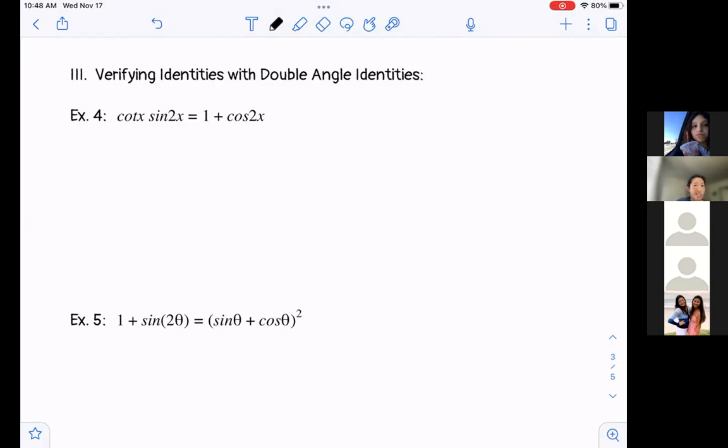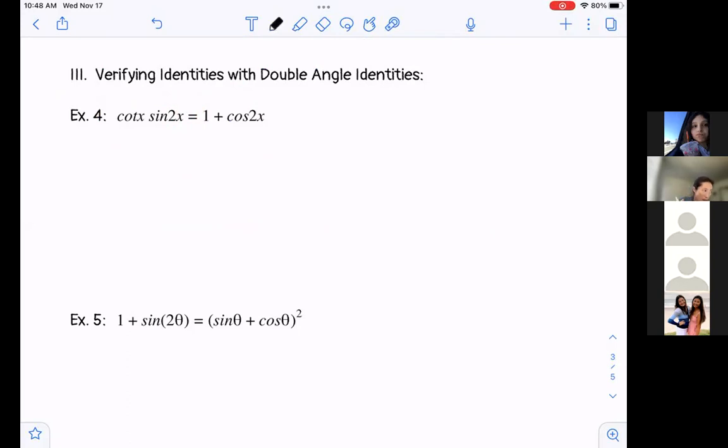Sometimes it's just algebra, and it's okay to write algebra, but we always want to pick only one side. Either we work with the left side or we work on the right side. One thing I noticed is some of us are moving terms back and forth between the sides, and unfortunately, that is not allowed. We really want to pick one side and work with that one side.